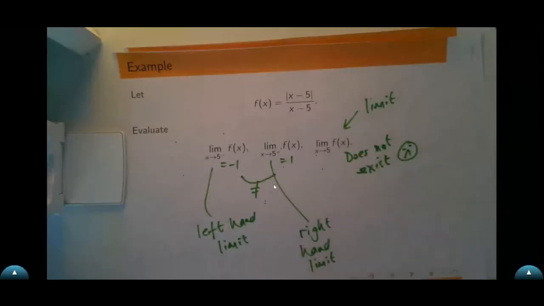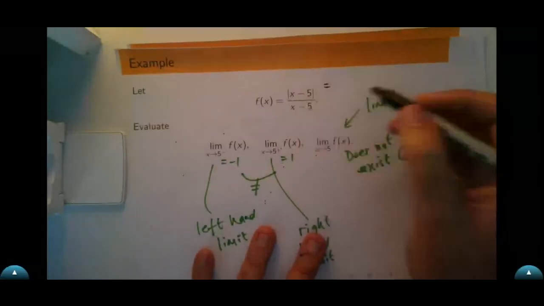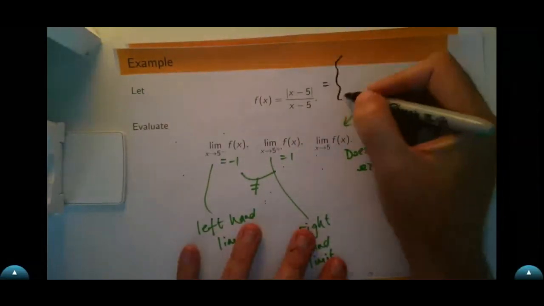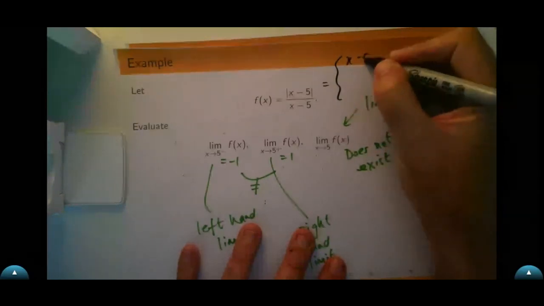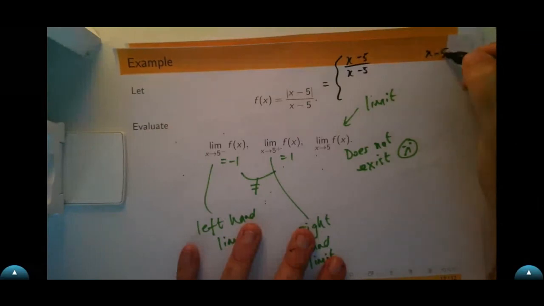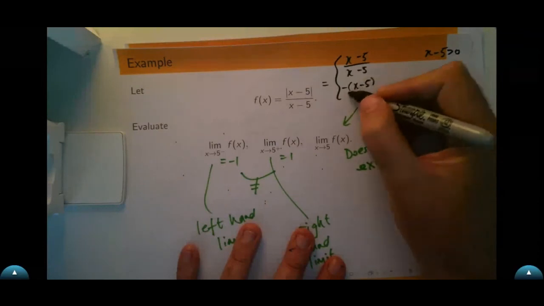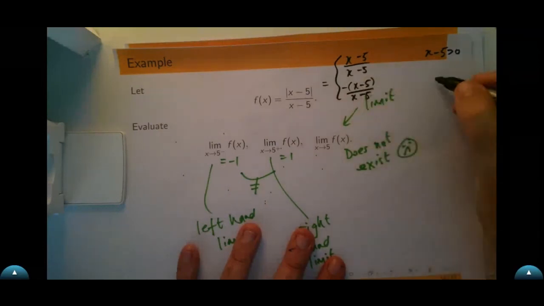I can show it to you algebraically. That's not hard to do. So what you can do, basically, is manage away the absolute value sign, right? So you can say it's x minus 5 when x minus 5 is greater than 0, and it's the negative of that when x minus 5 is less than 0.